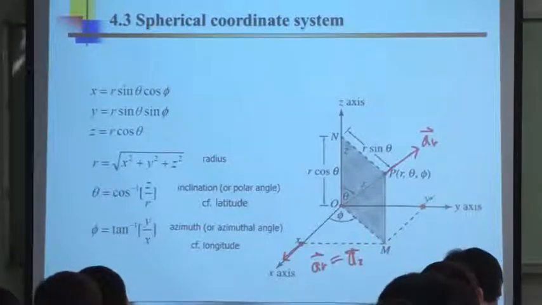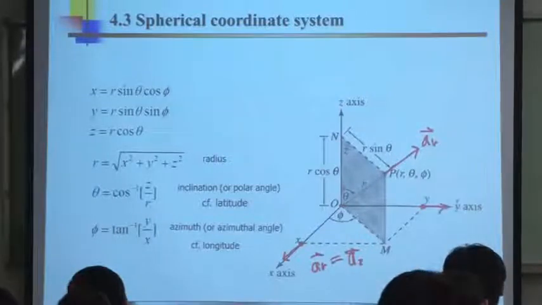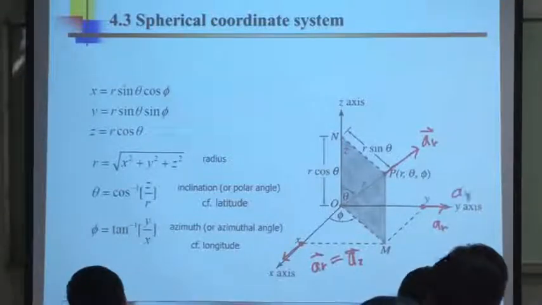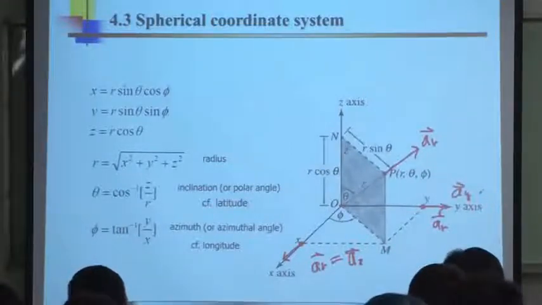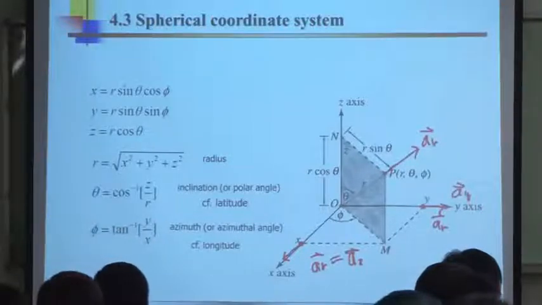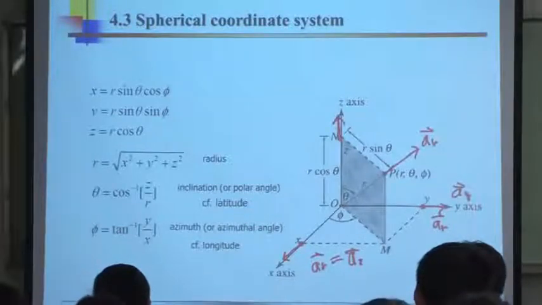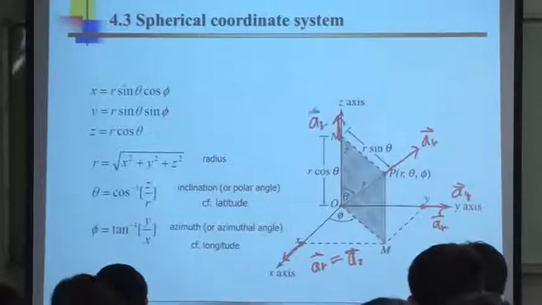If the position is located on this point, then the AR vector is the same as the AY vector. So depending on the position, the AR vector changes. Simply, in the case of theta equals 0, the AR vector is located on this point like this. AR is the same as AZ.